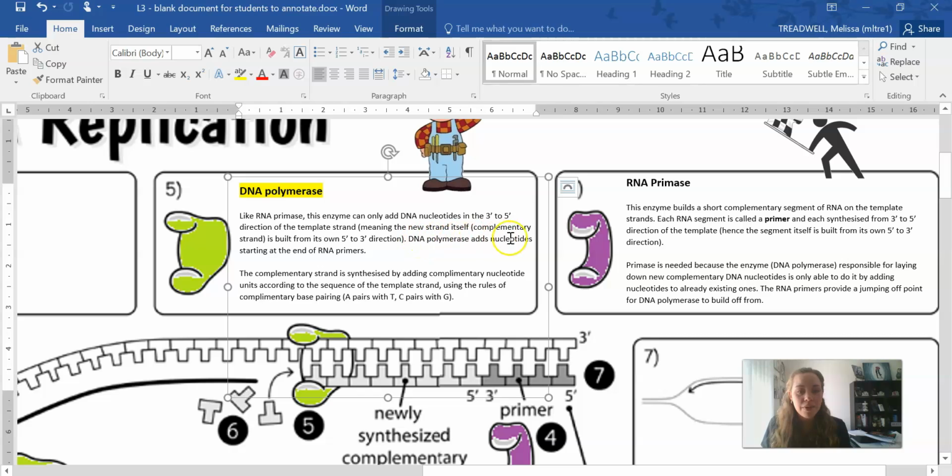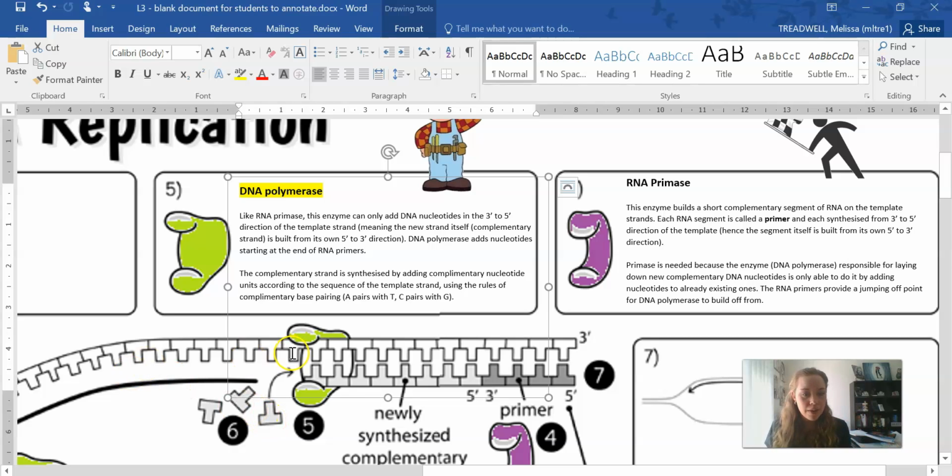It says DNA polymerase adds nucleotides starting at the end of the primers because it needs that to know when to start. The complementary strand is synthesized by adding complementary nucleotide units according to the sequence of the template strand. So you can see that these little random guys here are nucleotides, so they consist of a phosphate, a sugar, and a base.